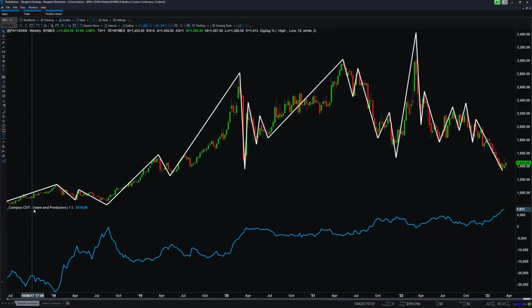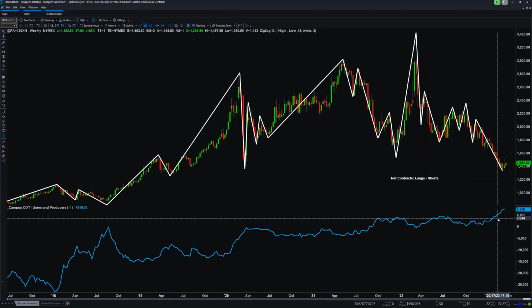So now we see the Campus COT users and producers, and you see this number, 7,419. These are contracts and these are net contracts. What does it mean, net contracts? Net contracts is we're looking at all the longs and then subtracting all the shorts, and you're left with a net contract size.